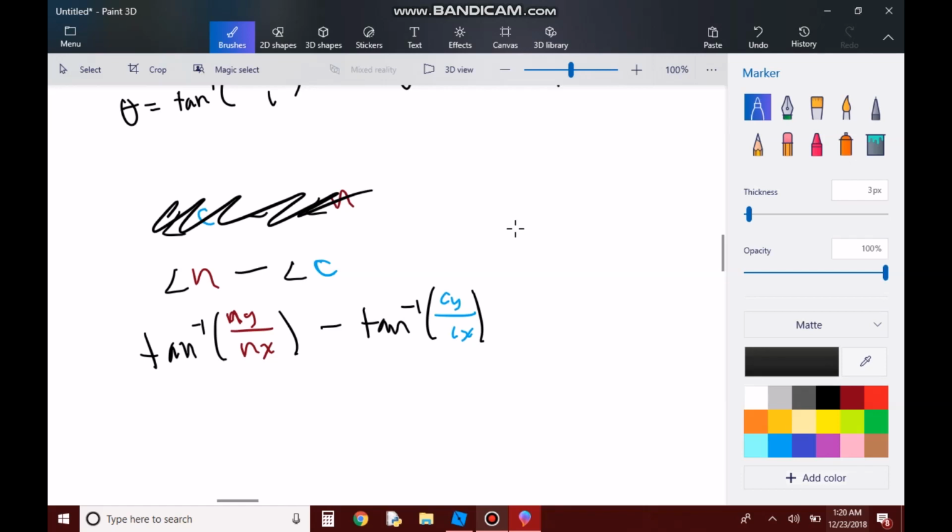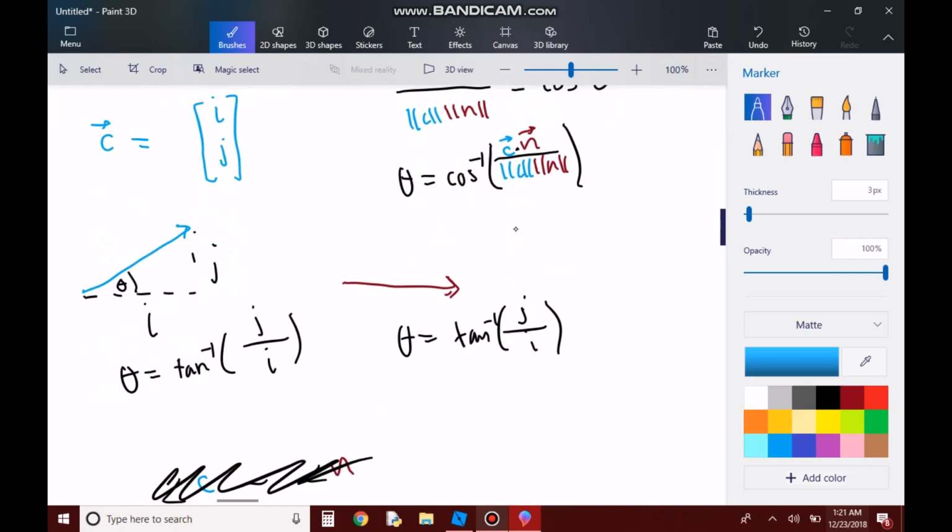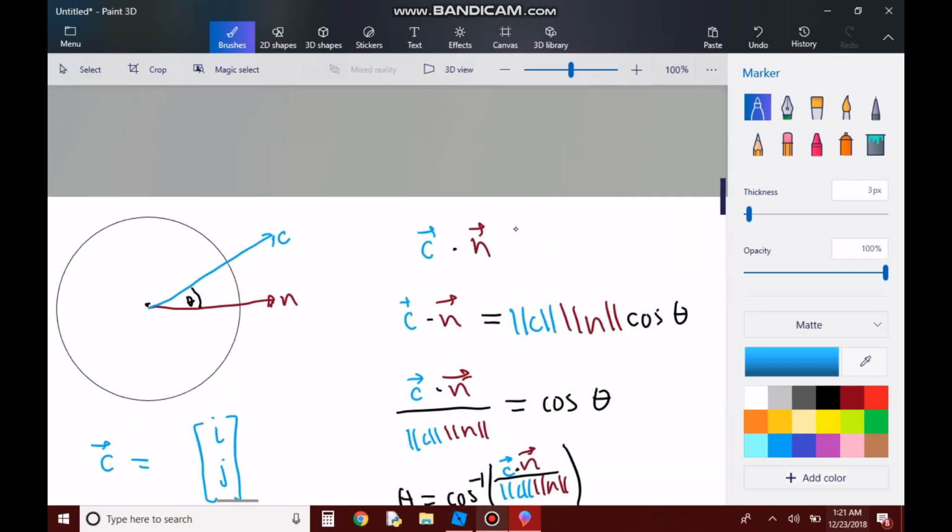But since we're dealing with x and z, it wouldn't be cy or ny, it'd be nz and nx. So let me change that real quick. So nz and cz. And this would give us the angle between the two vectors.